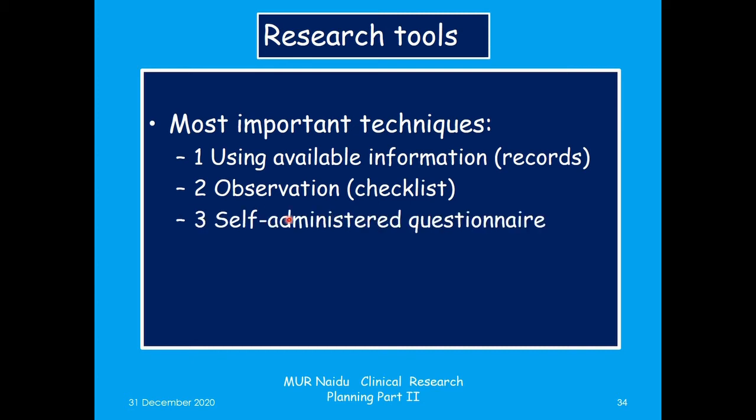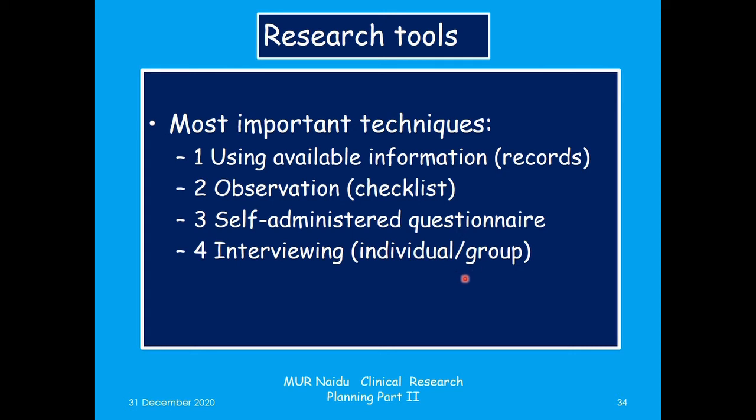Self-administered questionnaires. People prepare questionnaires and ask the participant to use them and answer the questions they are given. Then in most clinical trials, which are usually epidemiological studies, the interview of an individual or group is done to find out a particular type of information.